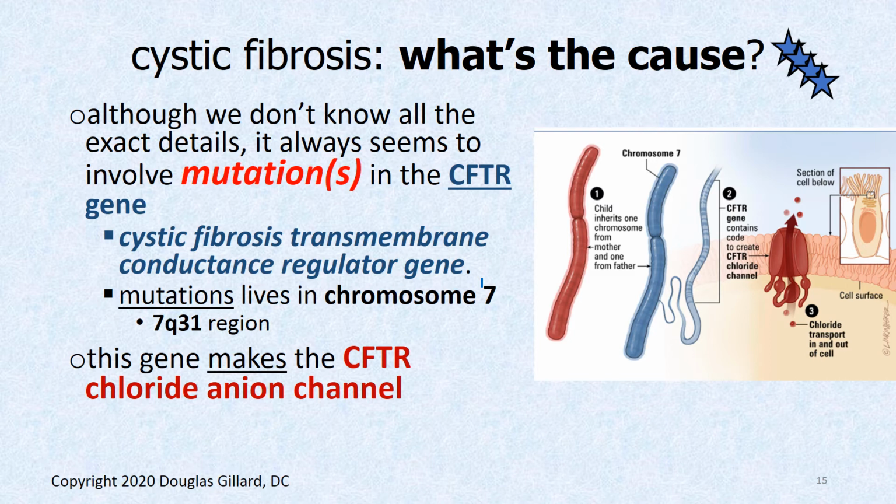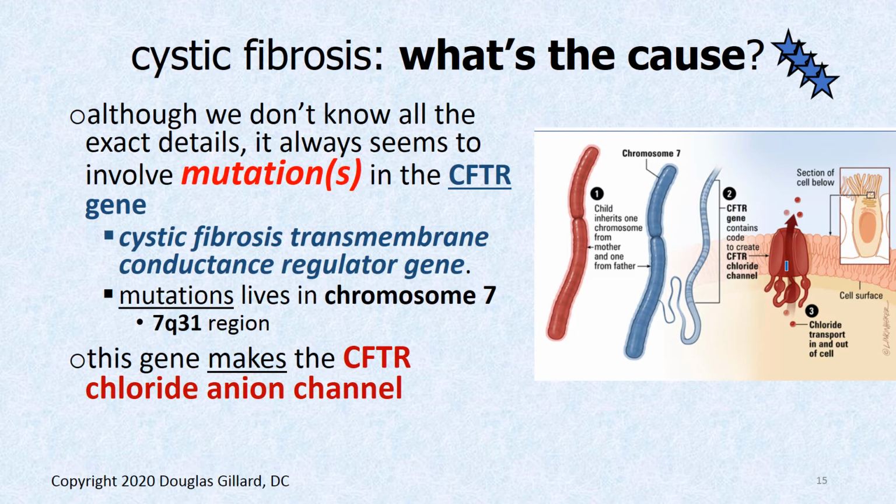It's a mutation that lives on chromosome 7, specifically location 7q31. And this is the gene that writes a messenger RNA that describes instructions for a ribosome to build one of these things. And that's a CFTR channel.